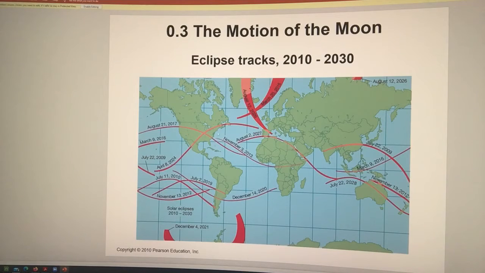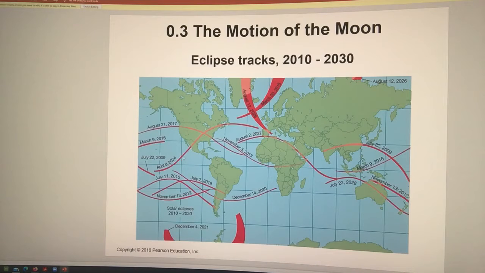As you can see from this picture, we find the United States, and there are actually two events which just happened three years ago, and there is one more event which is going to happen in 2024. If you look at the one on August 21st, 2017, you can see that the solar eclipse happens on these locations.